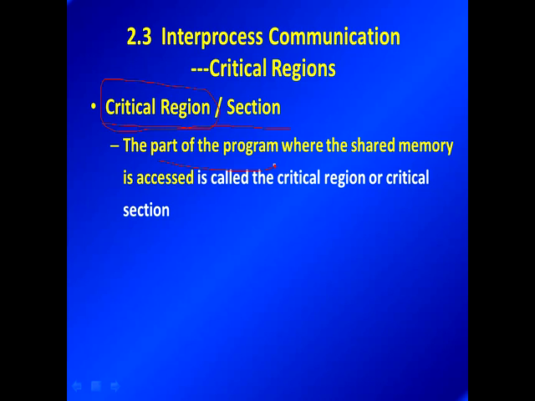Each process, because there are multiple processes, they need to share some data or files, right? Each process has its own code to access that shared data or file, and each process has its own critical regions.